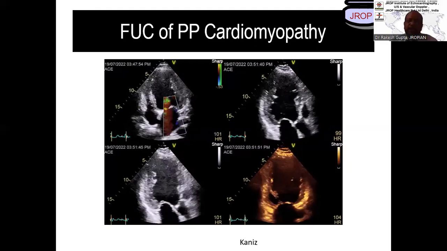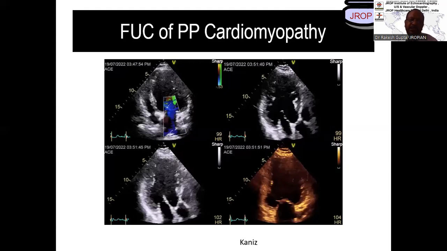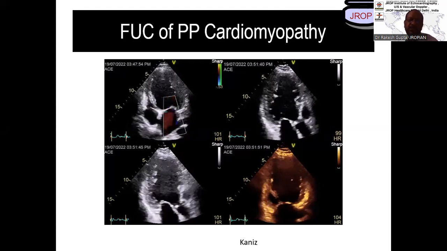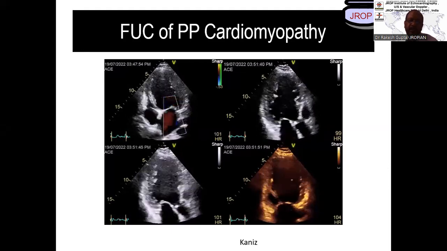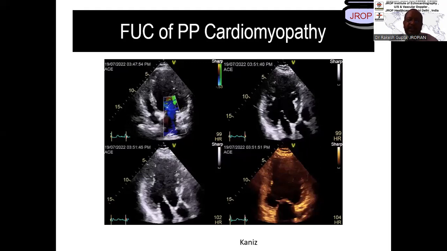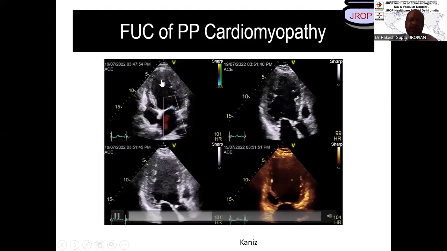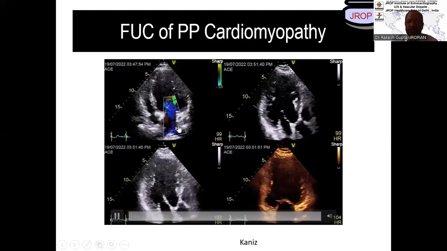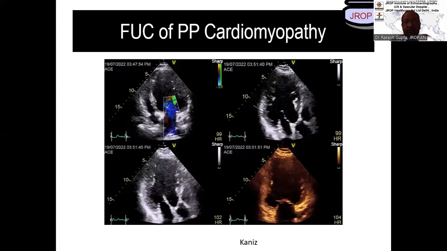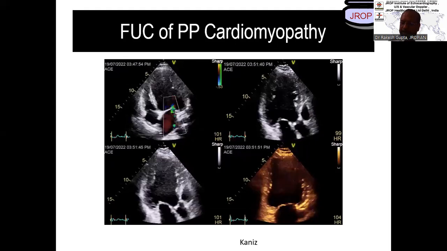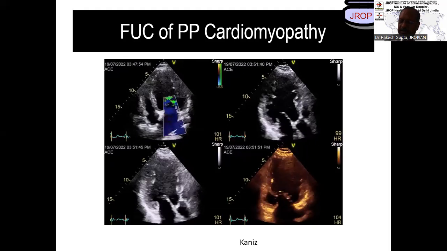I told you postpartum, so it's global LV hypokinesia. That's not true. It's a reasonably good contracting LV now. The only thing is spongy myocardium with moderate mitral regurgitation. This is one of the few patients which improved dramatically with postpartum cardiomyopathy. Okay, Dinesh?